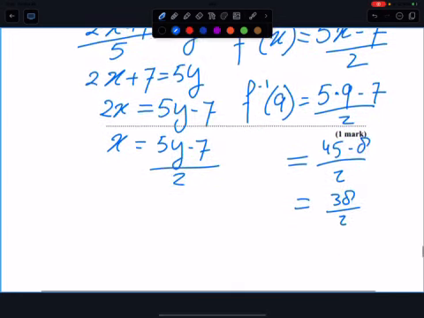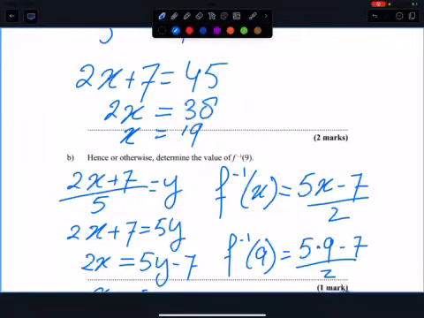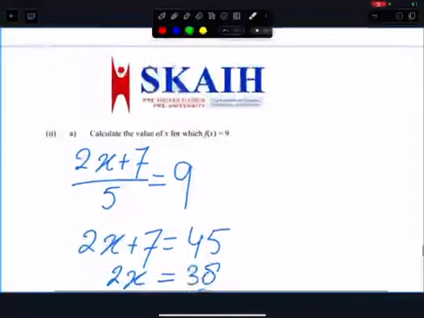Does it look familiar? They gave you the same thing twice. Because the inverse, the answer of the inverse is the x of the other one. They told you to find x, which is 19, and then they told you, well, what is the inverse?